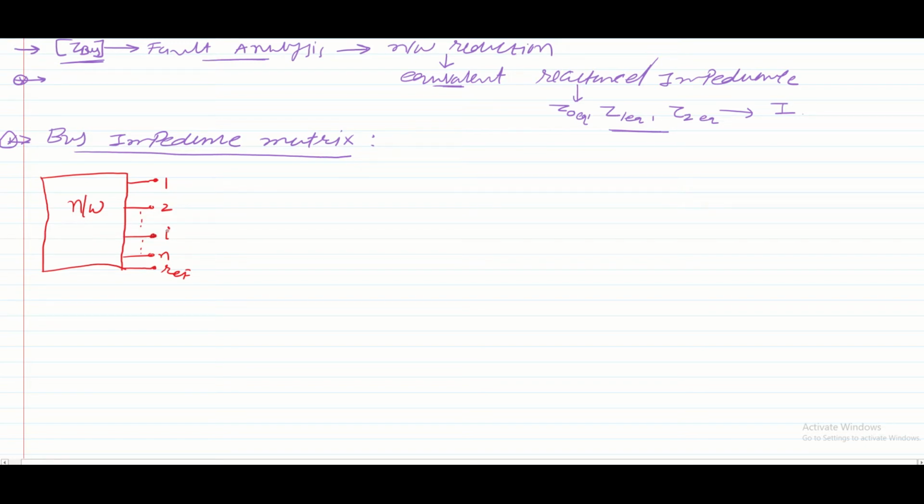Randomly select the ith bus. The voltage at the ith bus with respect to reference is Vi, and the current injected by the ith bus into the network is Ii. Clear?